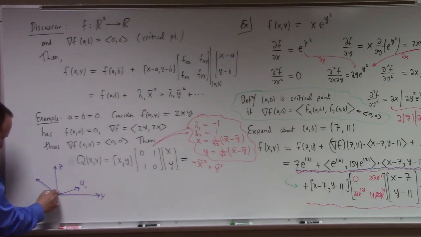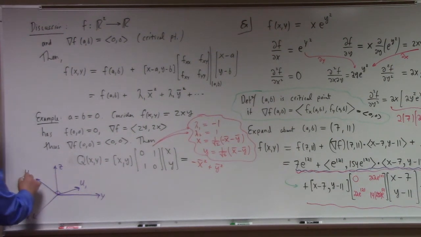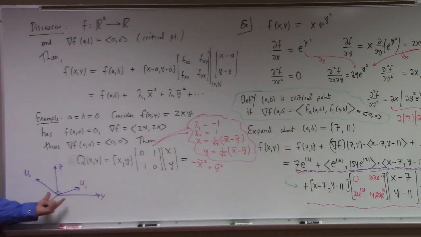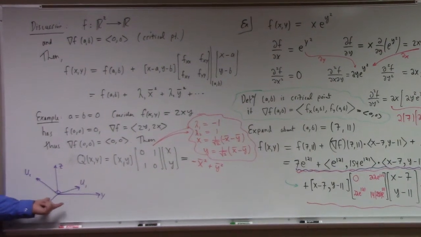I know it's kind of hard to believe, but this is a right angle, and both of these vectors are lying tangent to the xy plane. Use your imagination, or figure out how to draw a better picture than I can.